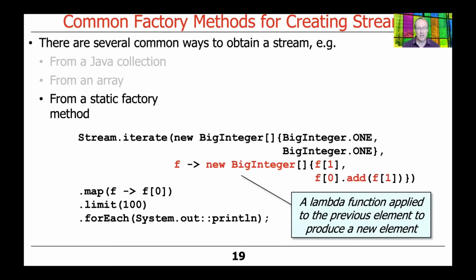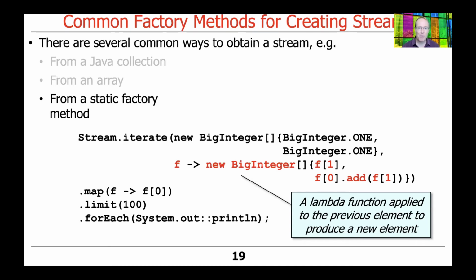And then we define a generator function, which is a lambda function that's applied to the previous element in the stream, in this case starting with the seed, to produce a new element. And you can see what it does is it takes a lambda parameter, in this case f, which is this 2-element array, and it creates a new BigInteger array where the first element, the element in location 0, has f sub 1, and the second element, namely element sub 1, is f sub 0 added to f sub 1.